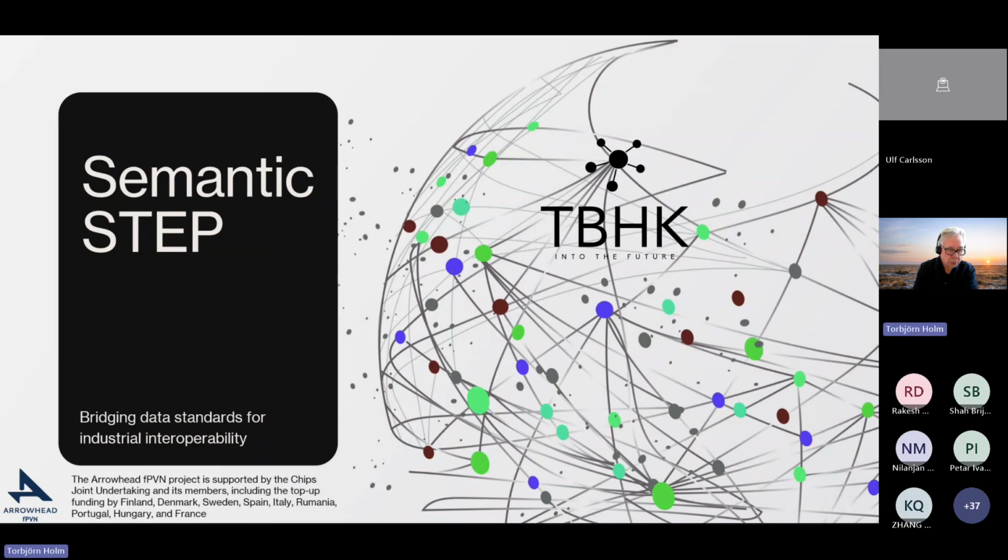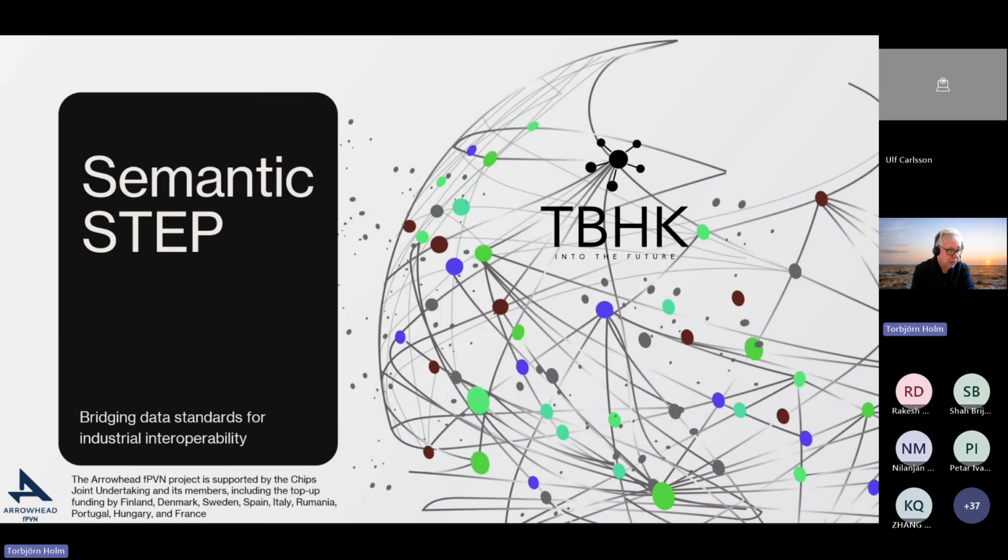This is about what we've been doing, how we did it, results, both positive and things that we could have done differently and better, and proposals to the standard organization, what we propose that they should do to meet these demands that are very large and heavy in the industry right now, to be able to use World Wide Web Consortium technologies and semantic web to deal with industrial data.